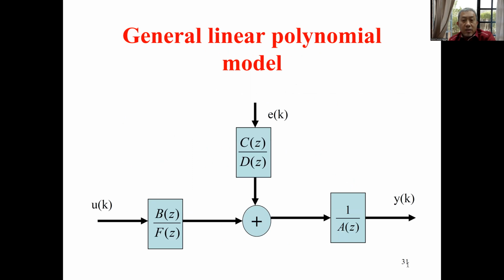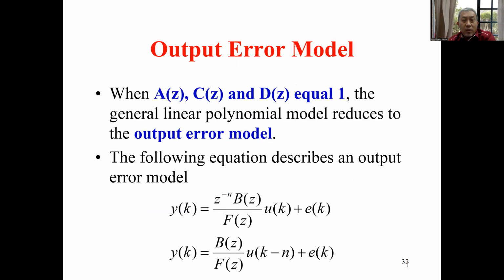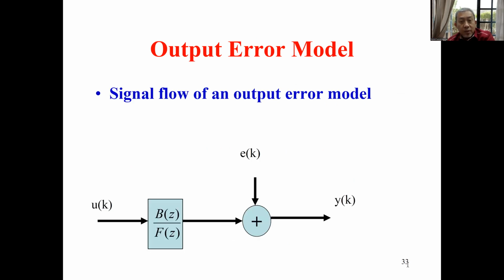This is the third one, the output error model. We get the output error model when we assume A, C, and D equal to 1. So the general linear polynomial model reduces to the output error model. It becomes y equal to B over F times u plus e. And the signal flow graph becomes like this.